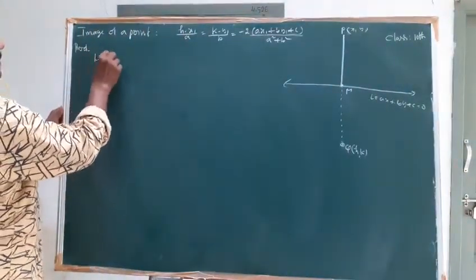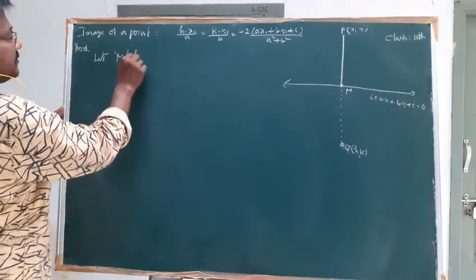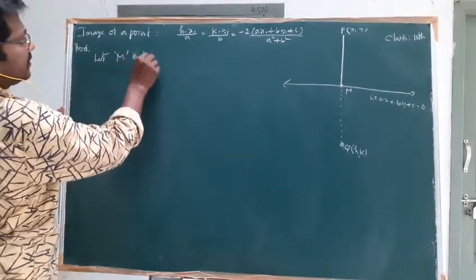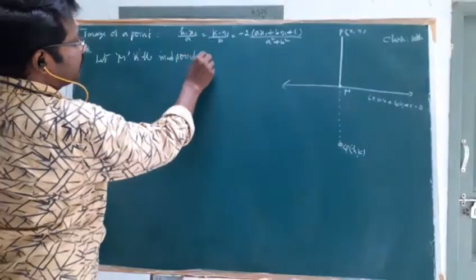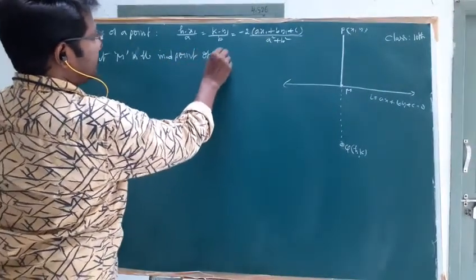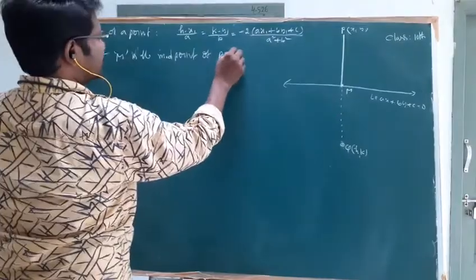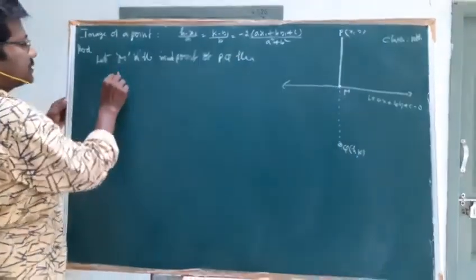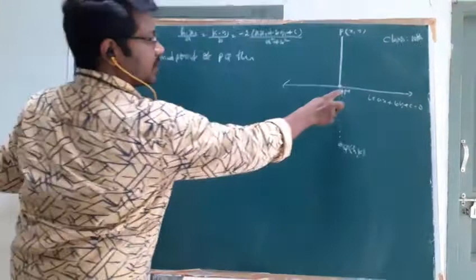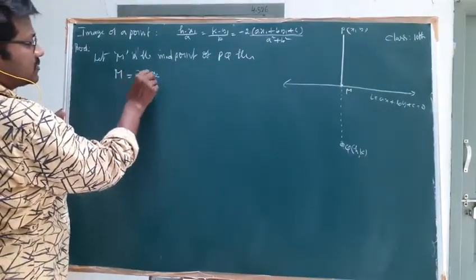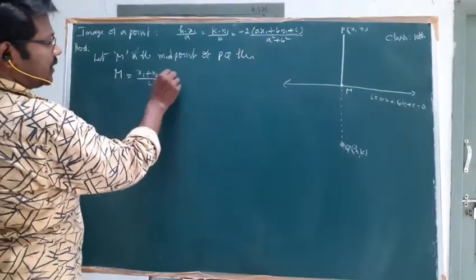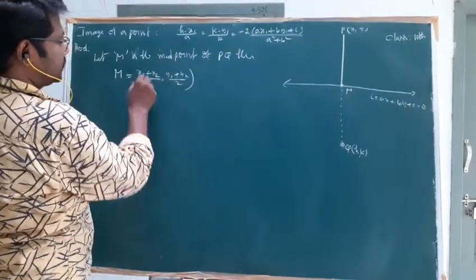Let M be the midpoint of PQ. Then how to find M with the midpoint formula? ((x1 + x2)/2, (y1 + y2)/2).